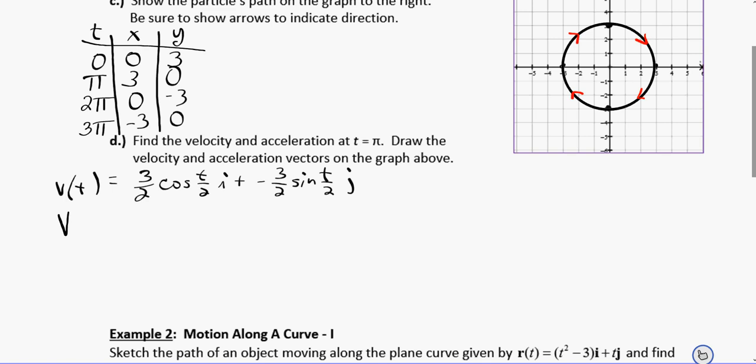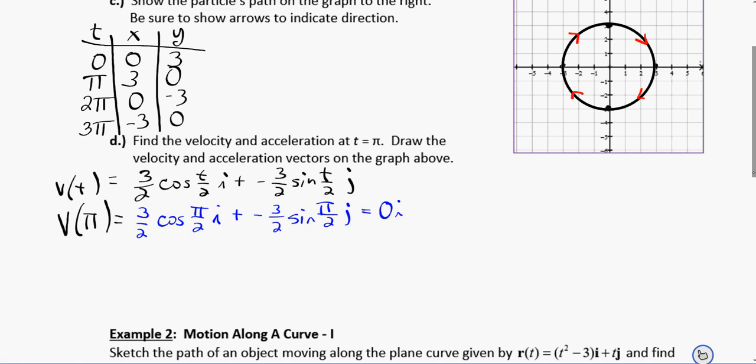At pi, substituting pi in, I get a vector, and that vector is 0i, which I wouldn't necessarily have to write.